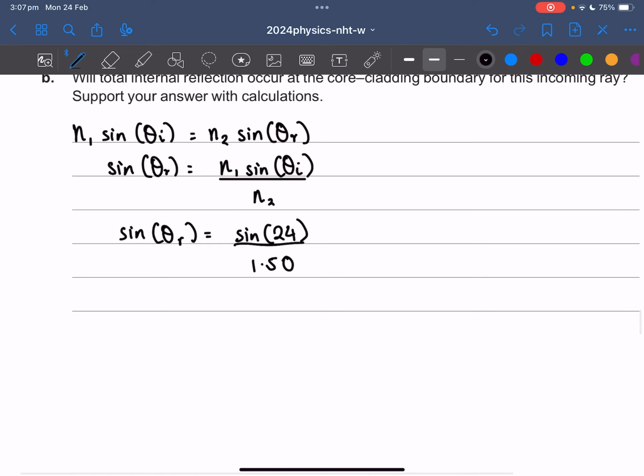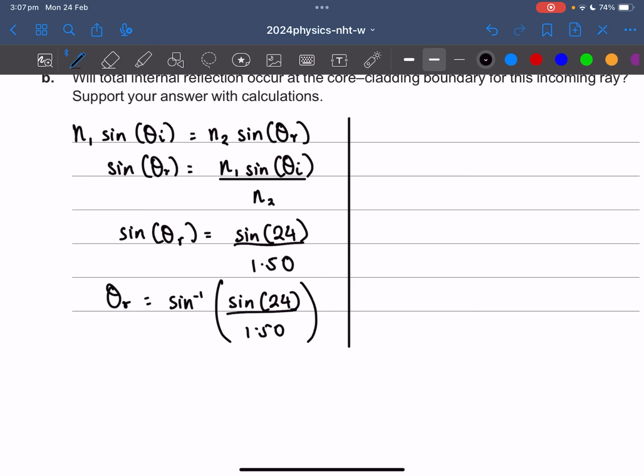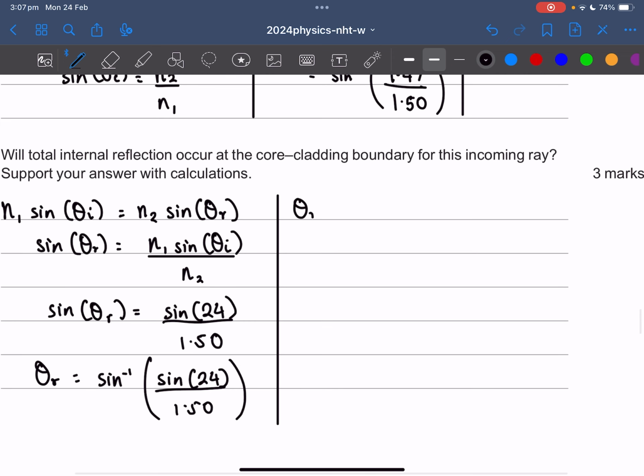So our refractive angle would be sine inverse of sine 24 on 1.5. Let me just calculate that real quick.